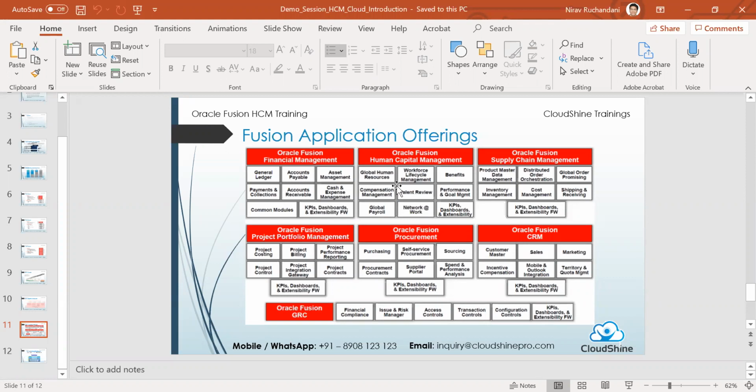Then we have benefits, so employees' benefits, which mainly revolve around benefits over and above the employee's compensation, or the salary, benefits outside of the salary. Say for example, insurance, be it health insurance, medical insurance, any other benefits that the company offers. So those benefits are part of the Oracle benefits module.